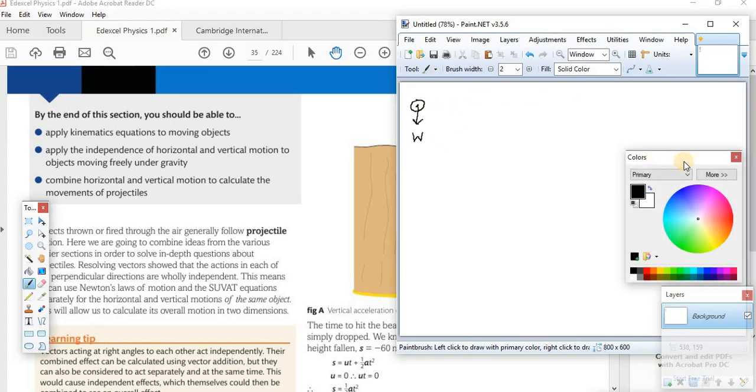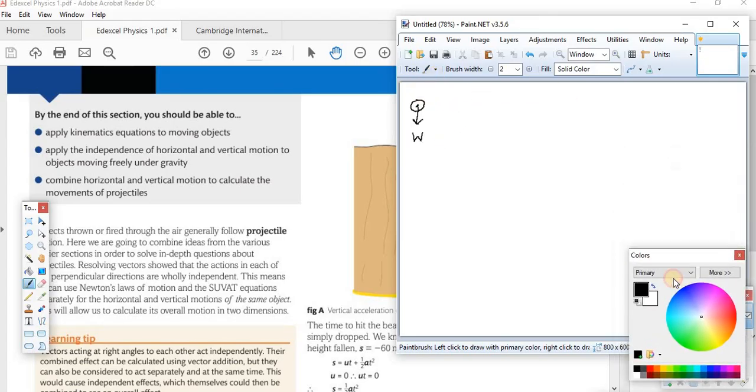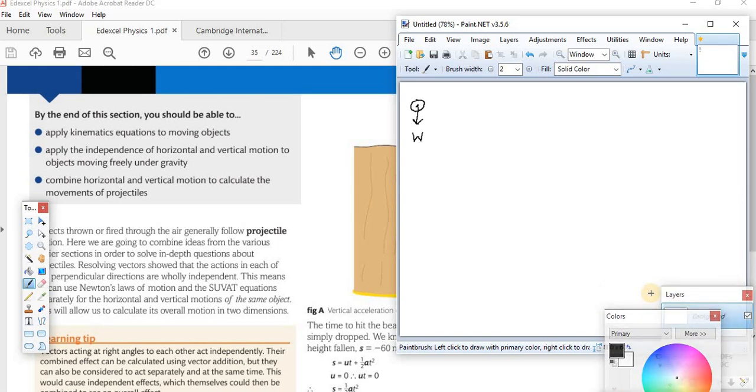Now according to Newton's second law, F equals ma, the resultant force and the direction of acceleration are in the same direction. This force is a vector, acceleration is also a vector, and according to Newton's law, we know the acceleration and the resultant force are in the same direction, and it is the resultant force which produces this acceleration.